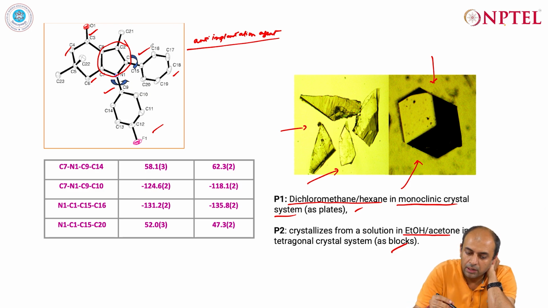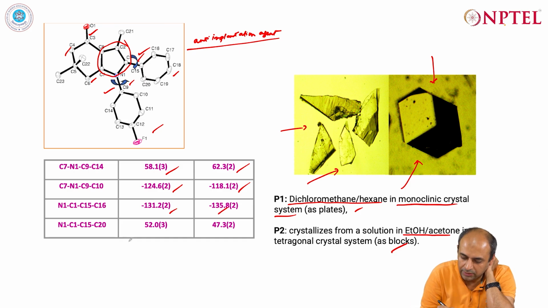There is flexible rotation, and you can see here that the torsions associated with these bonds in the two different forms are different. In one case, this value N1-C9 is 58 degrees, in another case it is 62 degrees, and similarly the N1-C9-C10 value, this value is 124.6, this is 118, and we can go to the C1-C15, again it is different for the two polymorphs.